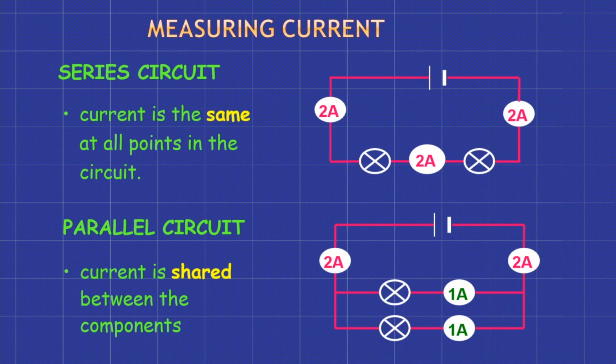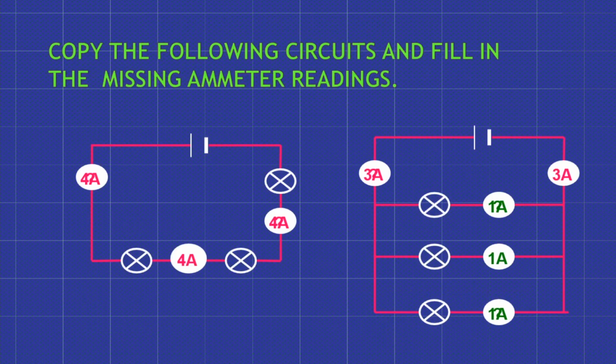So 2 amperes is shared between the two routes of the current, and each route has 1 ampere. Now here is a circuit. You can copy the following circuits and fill in the missing ammeter readings, but I have also added the missing readings here, so you can see properly how current will flow in series and parallel.